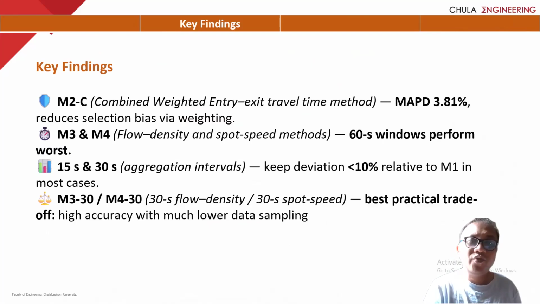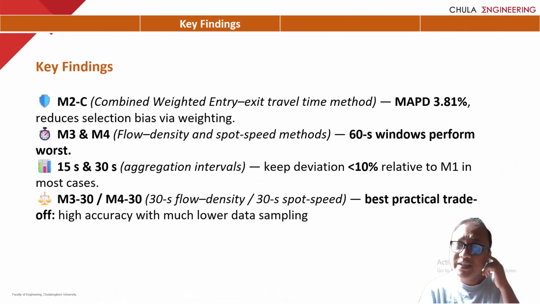Within M3 and M4, the flow density and spot speed based methods, 60-second windows perform worst. 15 and 30-second intervals have less than 10% deviation compared to the baseline or benchmark M1 method. However, we can choose especially the 30-second interval, that is M3-30 and M4-30, considering the best practical trade-off: it has the highest accuracy and requires much less data sampling.